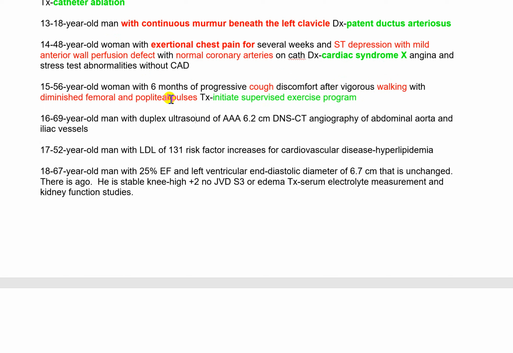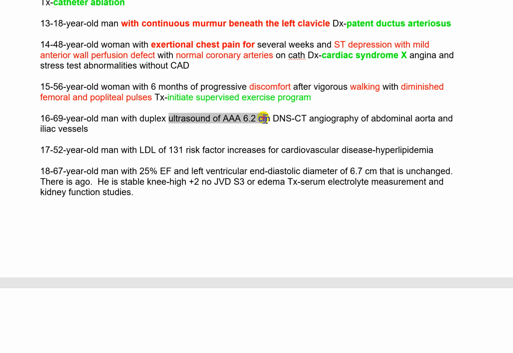No, there's progressive discomfort after walking and diminished pulses. This is peripheral arterial disease. So you do a supervised exercise program. For emboli, they will tell you there's swelling and a history of travel, surgery, stuff like that.